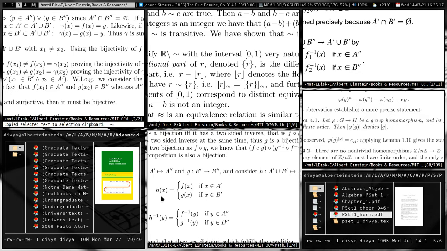So in 8, you have to show that in every category C, the products A cross B and B cross A are isomorphic to each other if they exist, right? So we have to prove that. If you look at it right away, it looks pretty trivial, but it isn't.